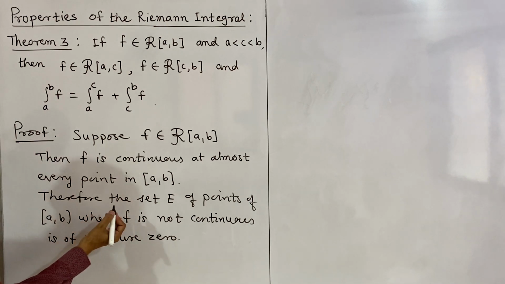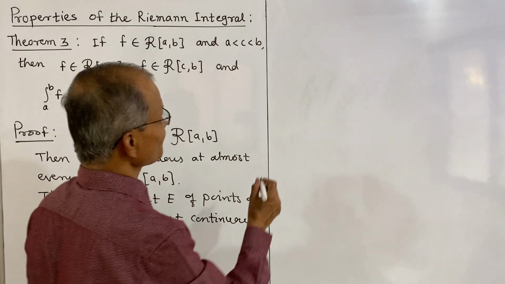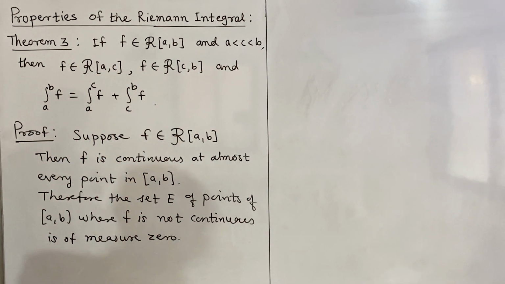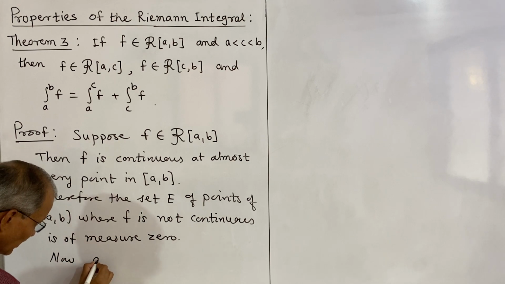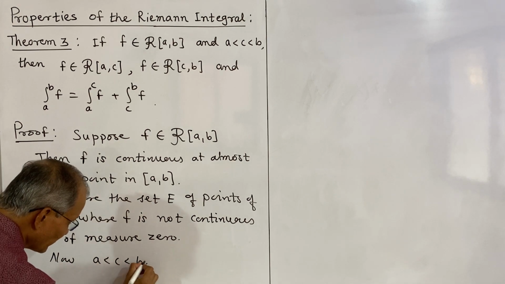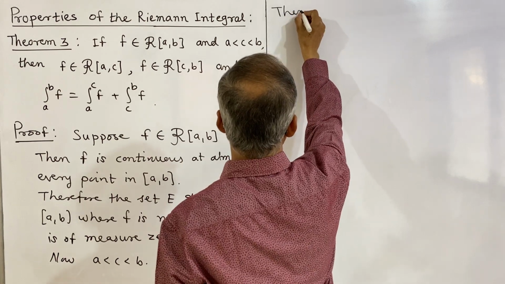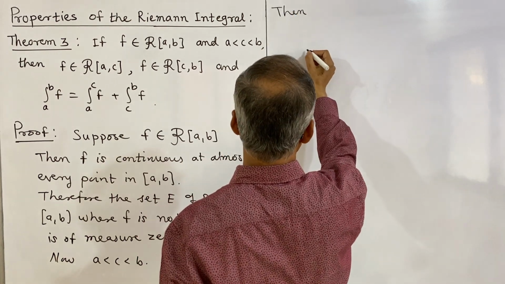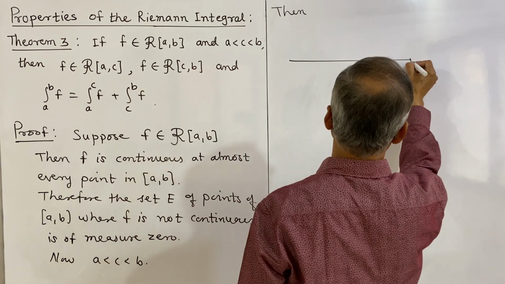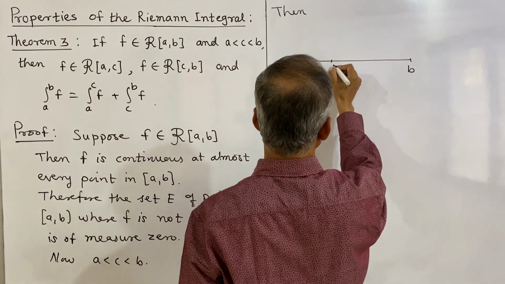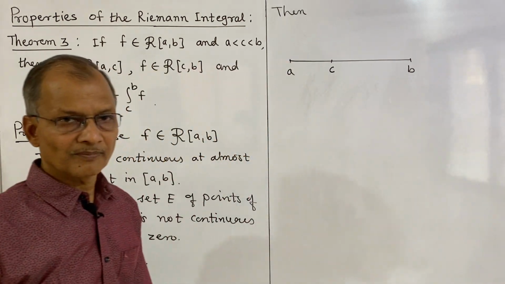Then see, if you consider this interval, now c is a point between a and b. a is less than c is less than b. This is the interval a to b, and c is a point in between this, any point.